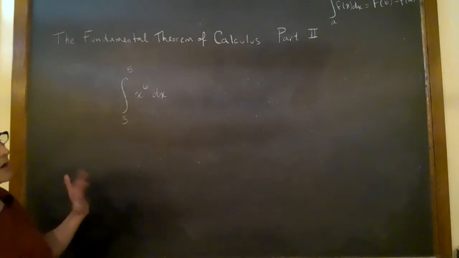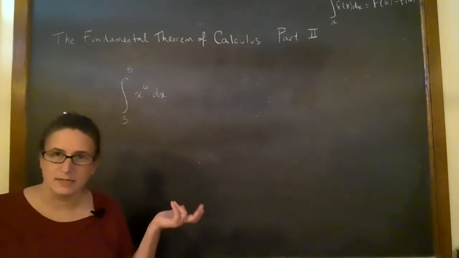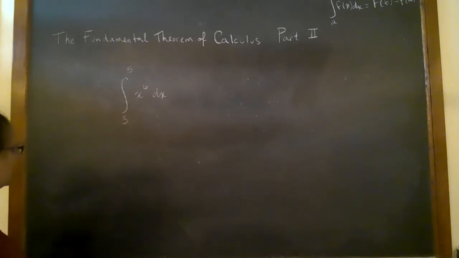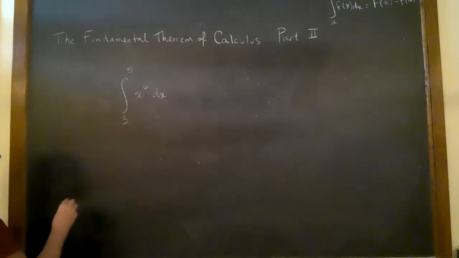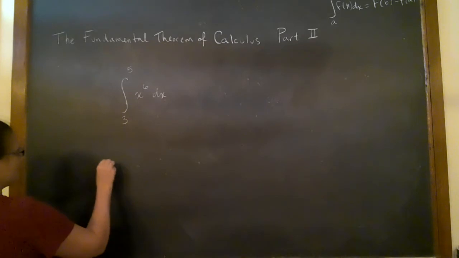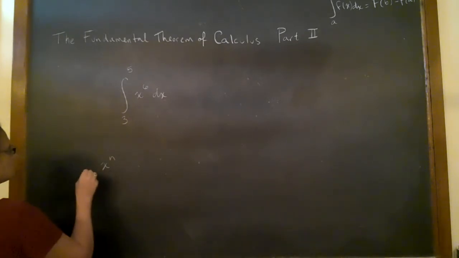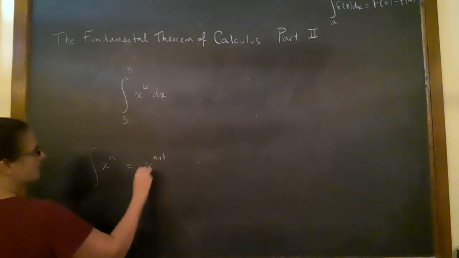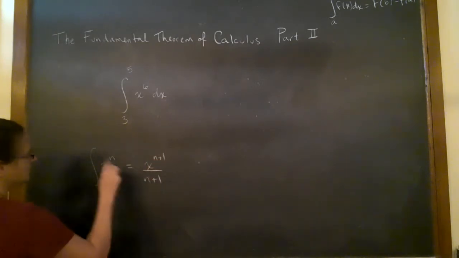So you've got to go back and look at your antiderivative chart or your integral chart that I gave you. Now, the antiderivative of x to the n is going to be x to the n plus 1 over n plus 1, as long as n is not negative 1.